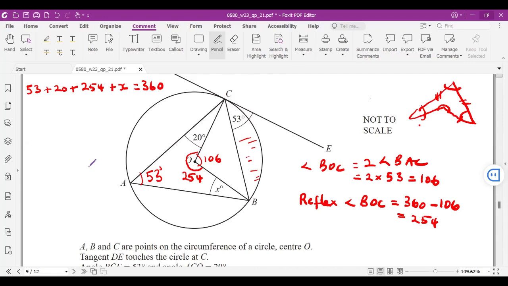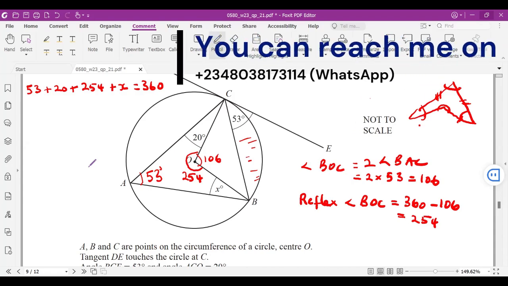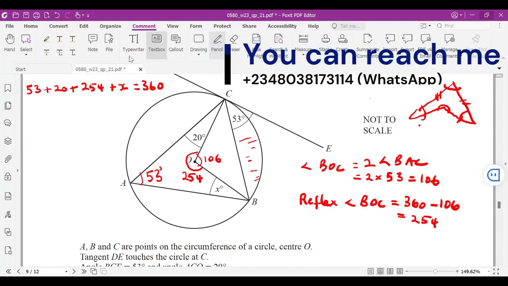When we add everything up there, we are going to get 327.